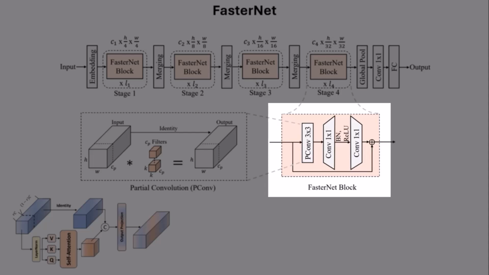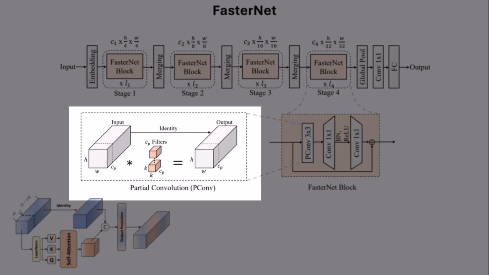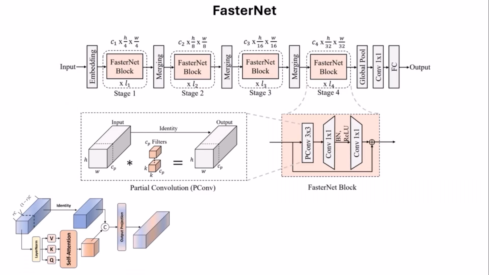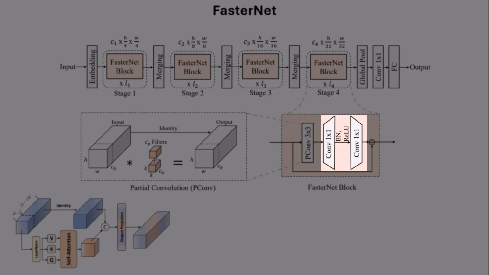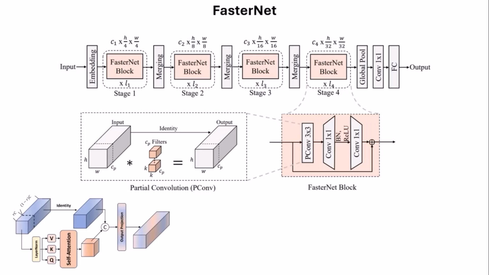And PConv is partial convolution that you can see here. It is the same thing. It selects the first portion, CP, and does the convolution for them. And for the remaining part, it does the identity. And just to propagate the information again, they use these one-by-one convolutions after that. So this is the same idea.